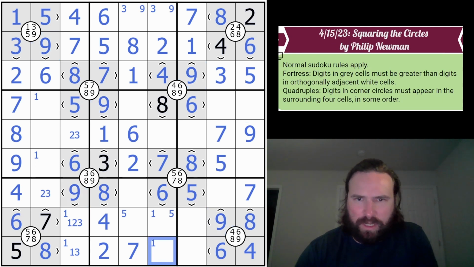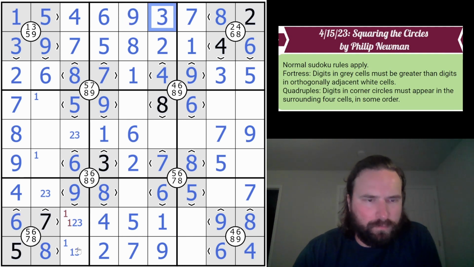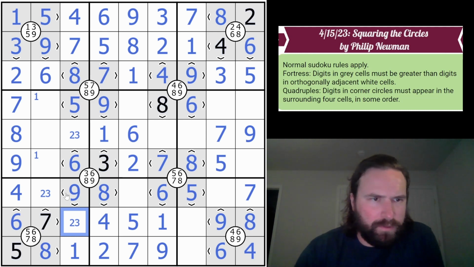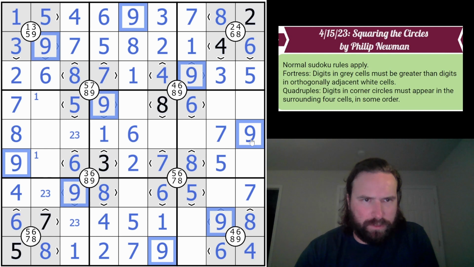This is going to be a 9, which is going to place another couple numbers. 1, 5, 9, 3. 1's going to have to go here. Alright, this is a 2, 3 pair. Okay, so 9s are now done.